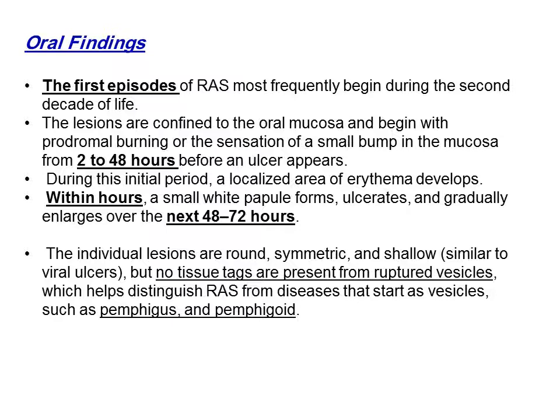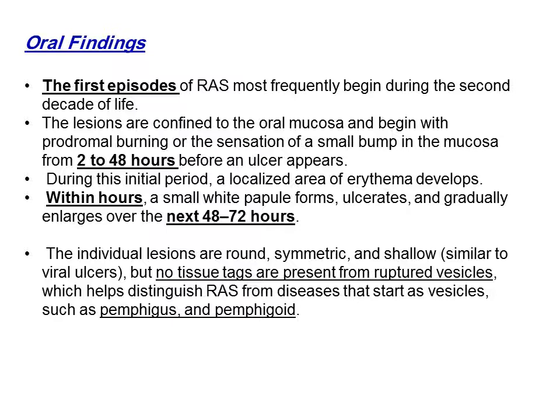There is a prodromal burning sensation, followed 2 to 48 hours later by the appearance of an ulcer, localized and associated with localized erythema. Within the next 48 to 72 hours, the ulcer gradually increases in size.